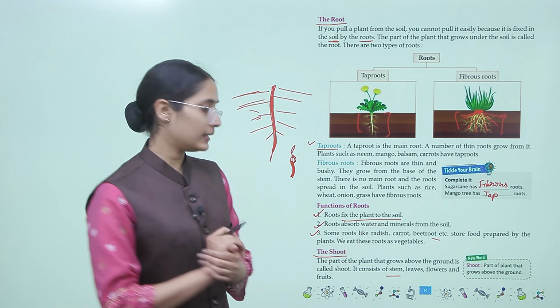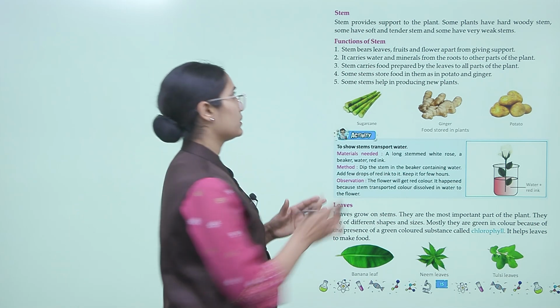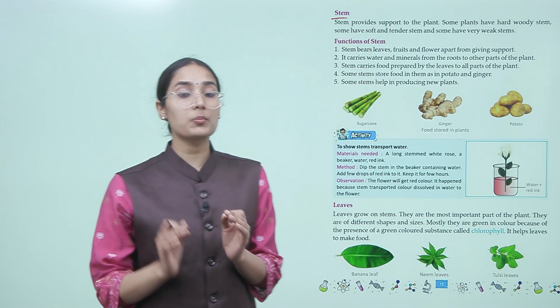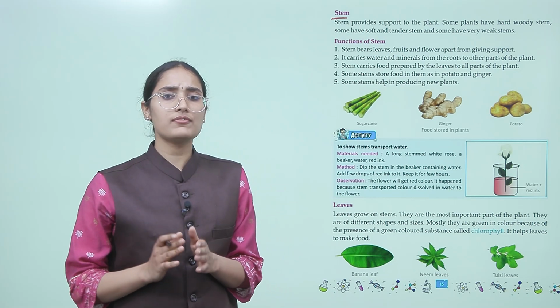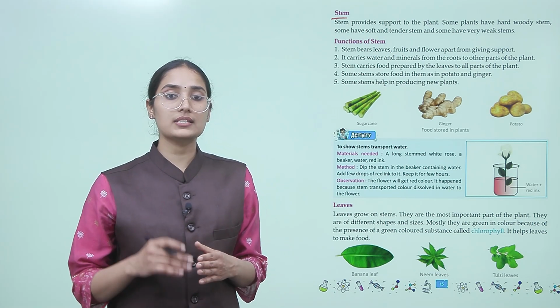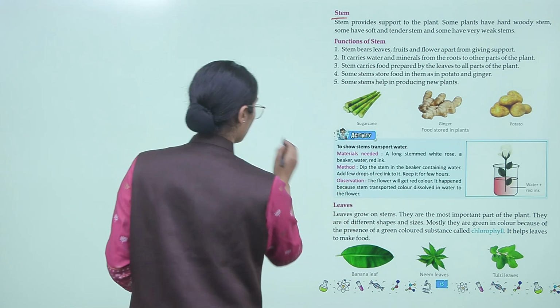Now let's go to the next page. Next come the stems. Stems provide support to the plant. Some plants have hard woody stems, some have soft and tender stems, and some have very weak stems. So what is a stem?